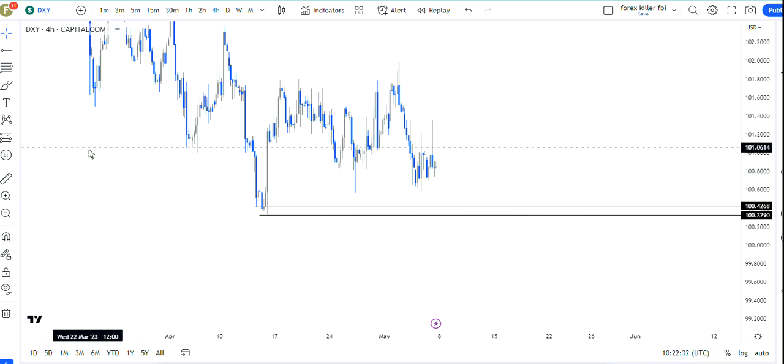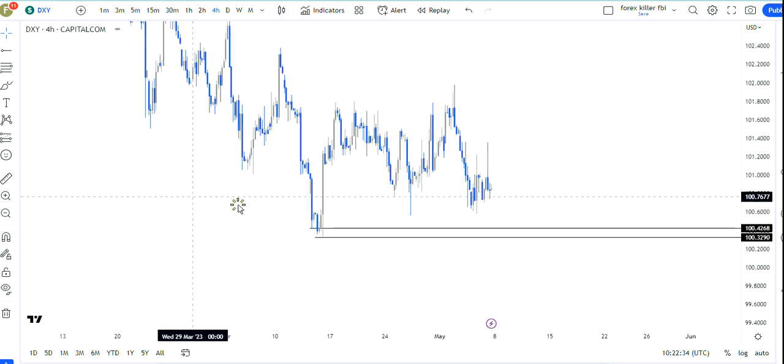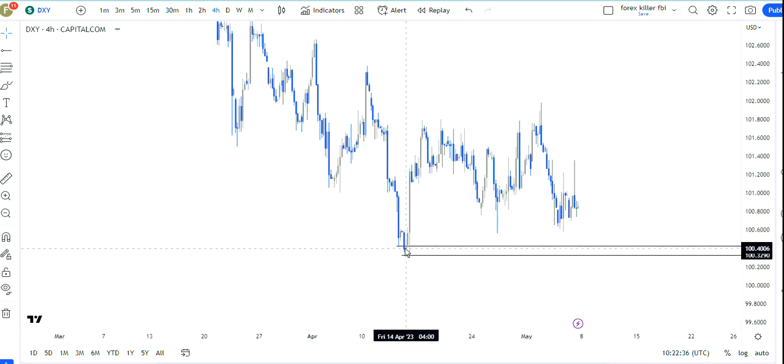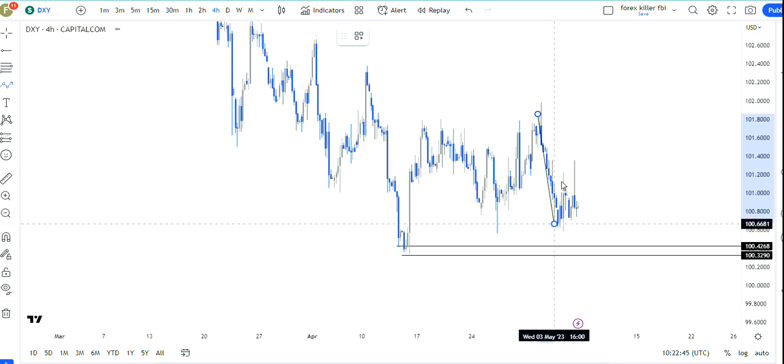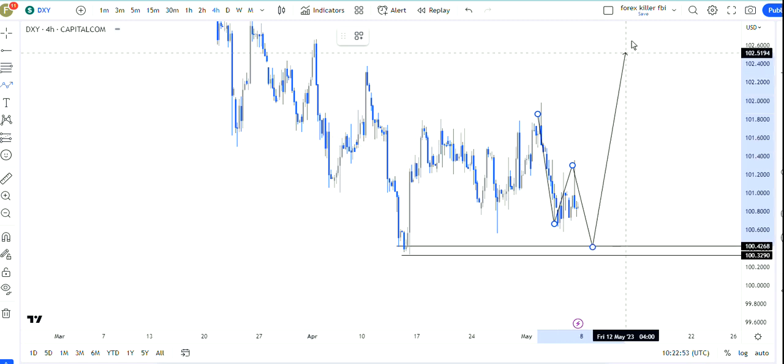If this is engineering liquidity, then this is the impulse. We have an impulse here, then this is a correction, then the next impulse will hit around this area, then the next move will be up to here.